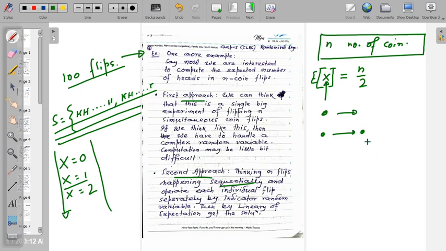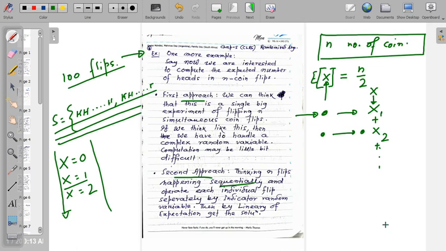So for each coin flip we are associating a random variable Xi: for the first coin flip X1, second coin flip X2, and so on. Then we sum up all these to get this X.